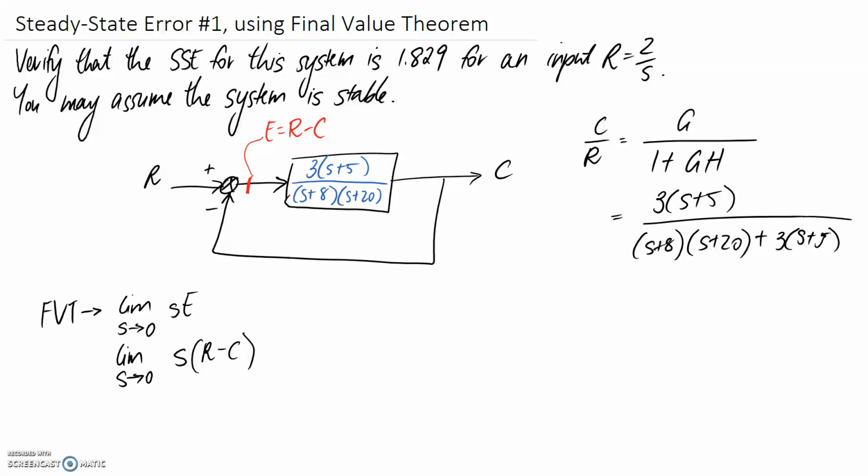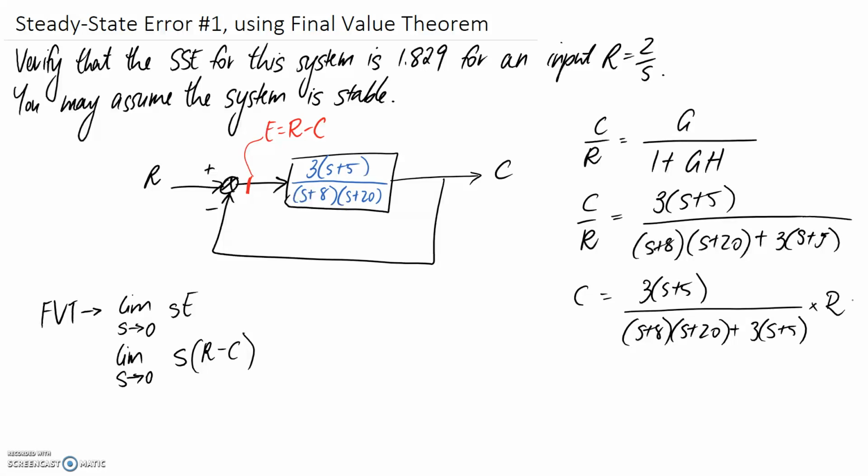What we're actually interested in to replace in this equation is c. At the moment we have c divided by r. If we multiply by r, we end up with c on its own. Okay, so let's go ahead and substitute this in here. r stays here, and c is getting replaced with all this.